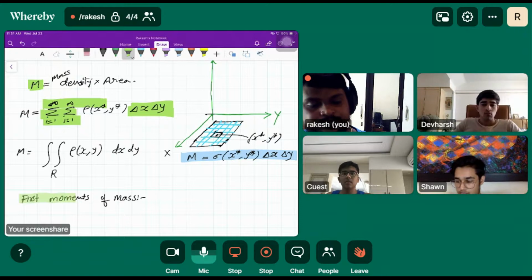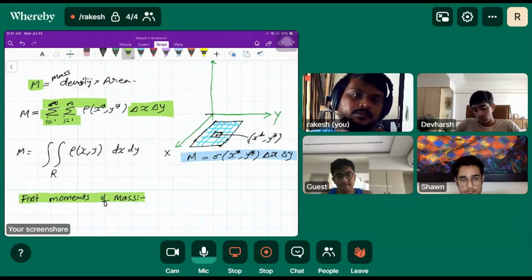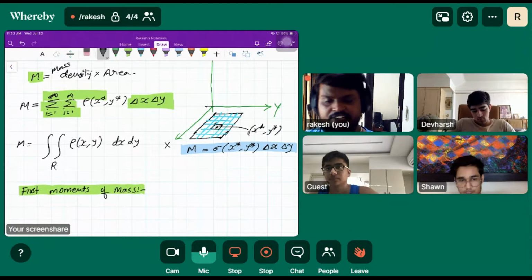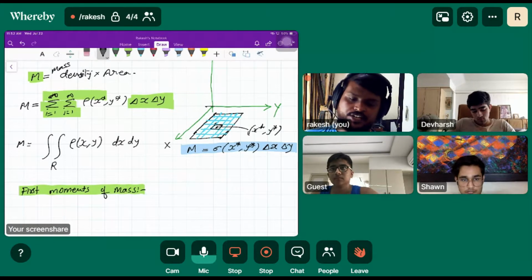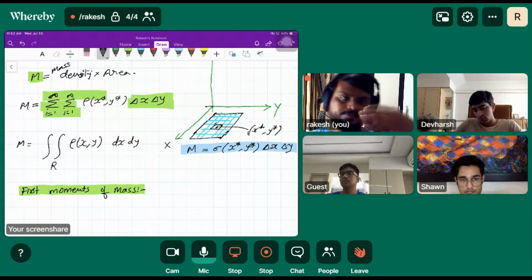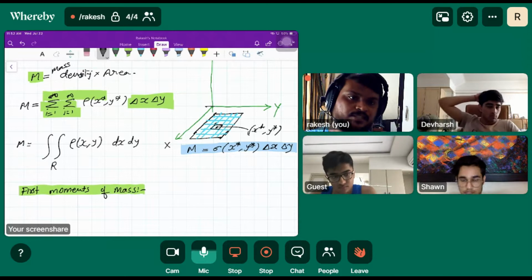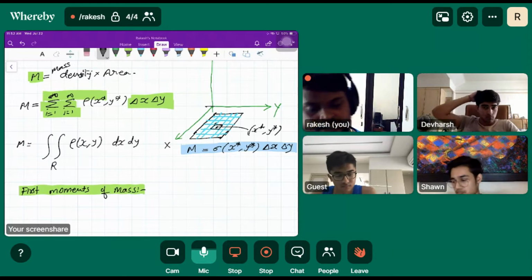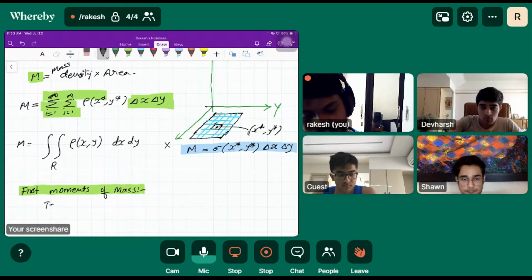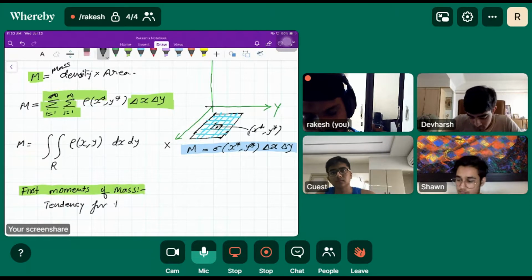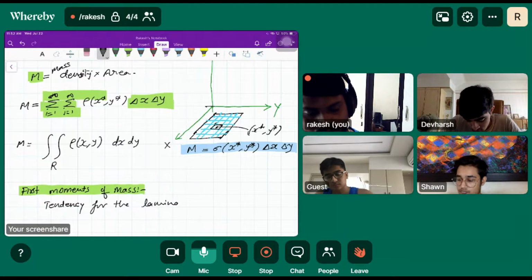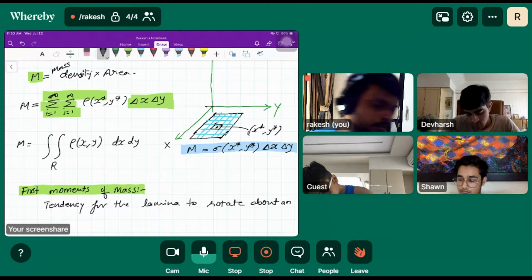Moments of mass is the tendency for the lamina to rotate about an axis, right?